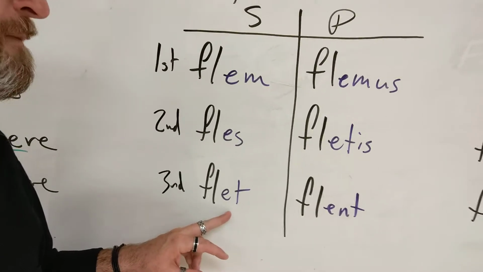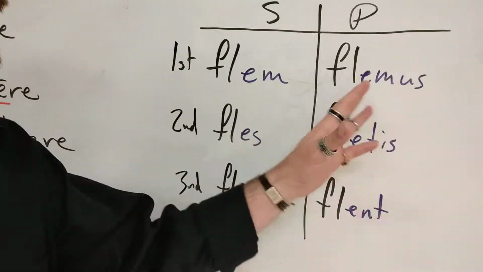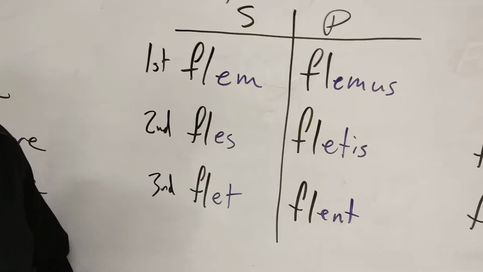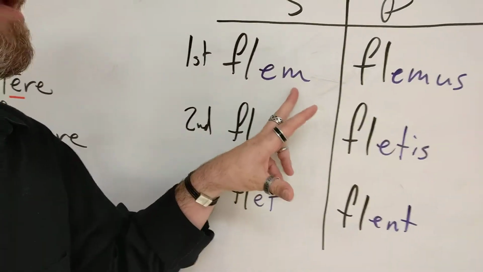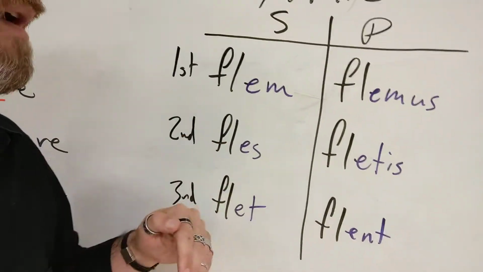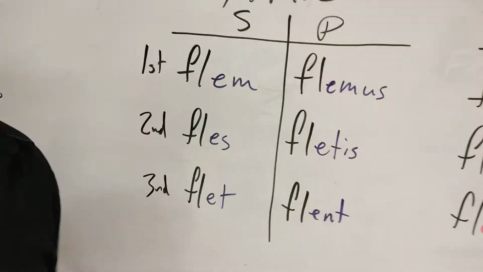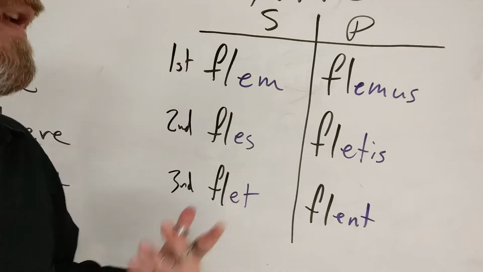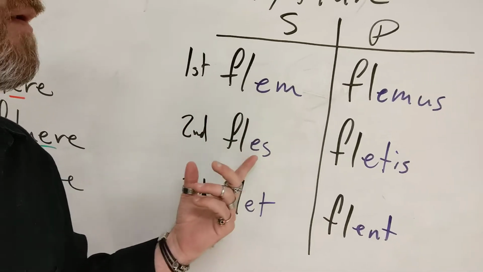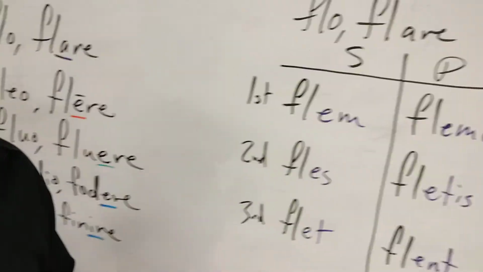All right. The actual personal endings, in fact, are no different than they've always been. You get O or M in the first person, in this case M, and then S, T, mus, tis, nt, right? The same old stuff.